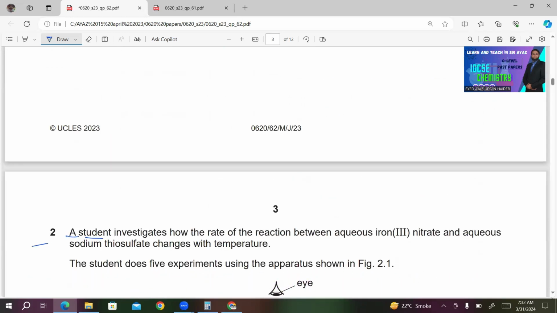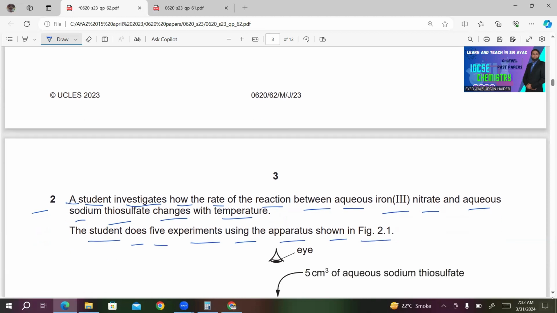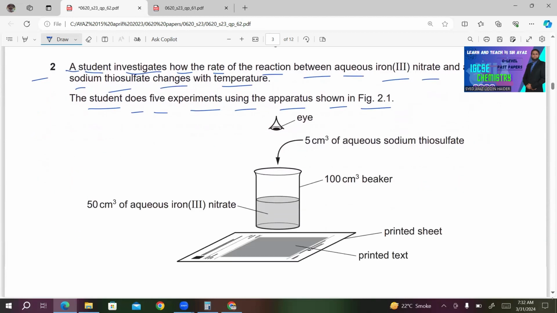Number 2, a student investigates how the rate of the reaction between aqueous iron nitrate and aqueous sodium thiosulfate changes with temperature. The student does 5 experiments using the apparatus shown in figure 2.1. You see the figure?